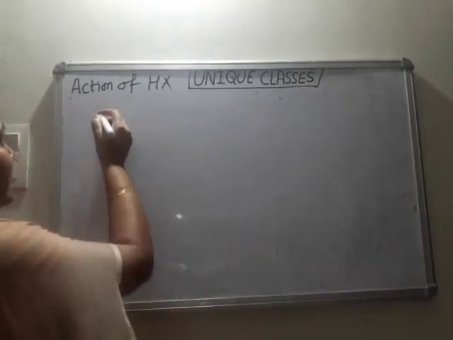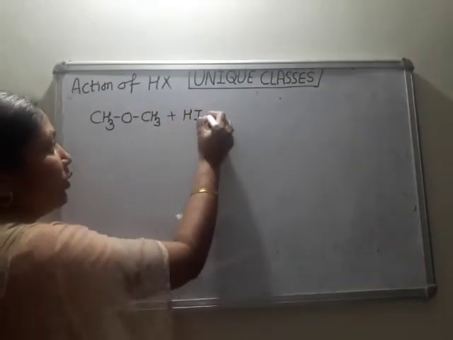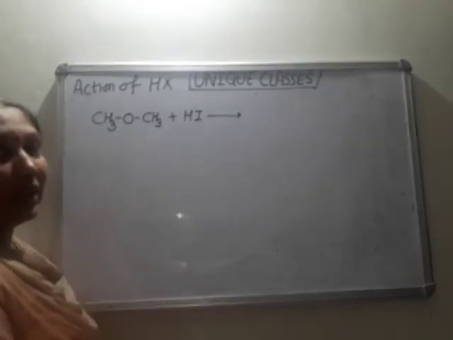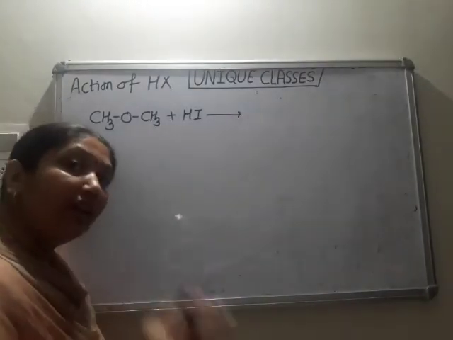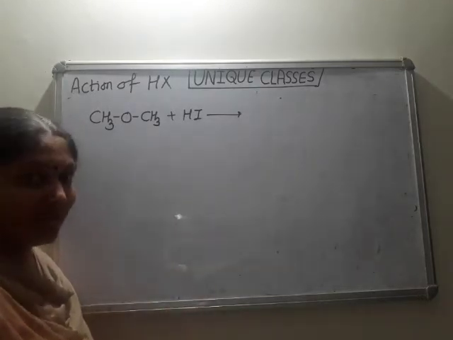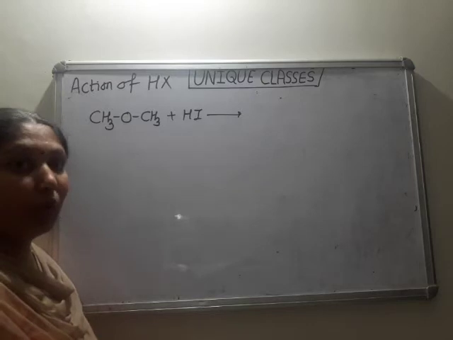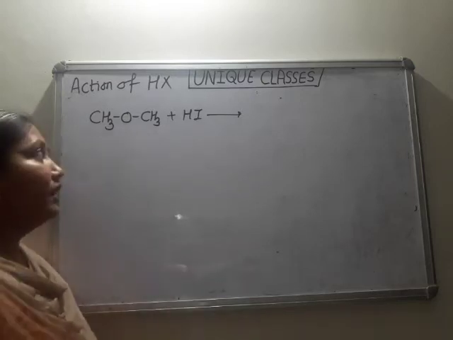See, suppose we have a simple ether, CH3OCH3, treated with cold HI. In cold condition, only one bond is going to break, and the alkyl groups attached to oxygen are both CH3. So both are the same groups. So detach any one alkyl group.